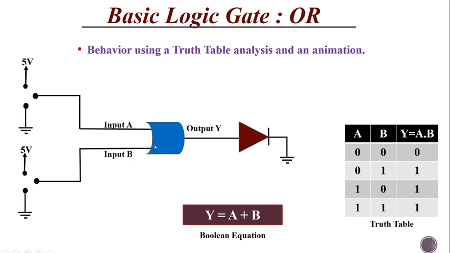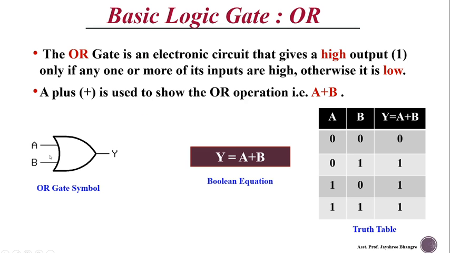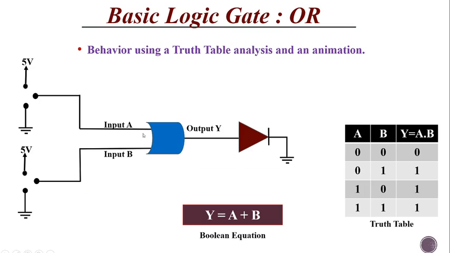Again we are using the OR gate here. The perfect symbol for an OR gate is not available, so I have used this symbol as the OR gate. Again two switches are used to connect inputs A and B to 0 and 1.